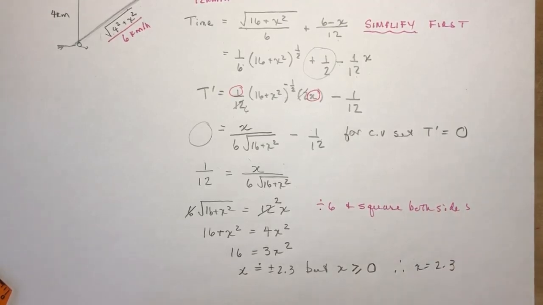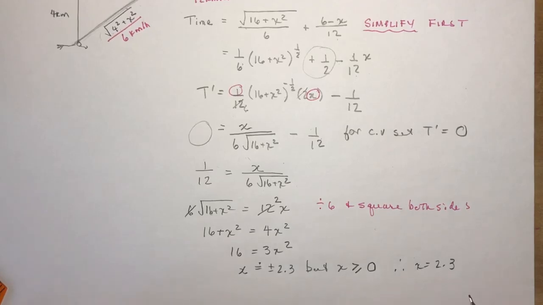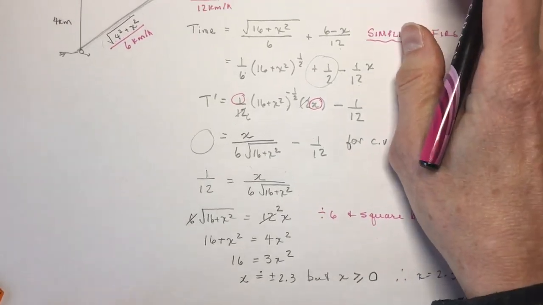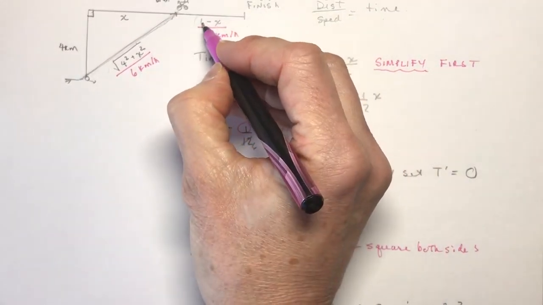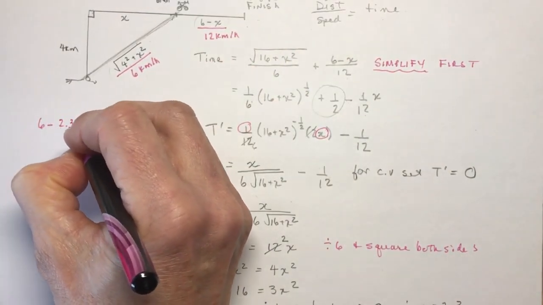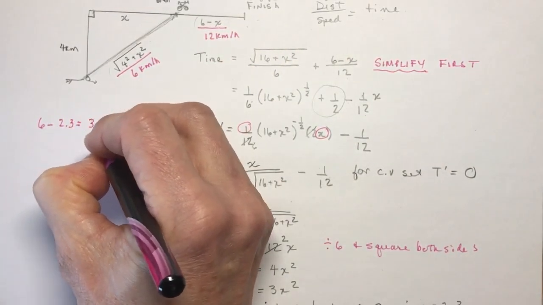Now that wouldn't be a very nice answer if the teacher asked where. The question says, at what point on the shore should he aim to get from the starting point to the finish point? Okay, so I think the easiest is probably to take 6 minus 2.3, which is 3.7.